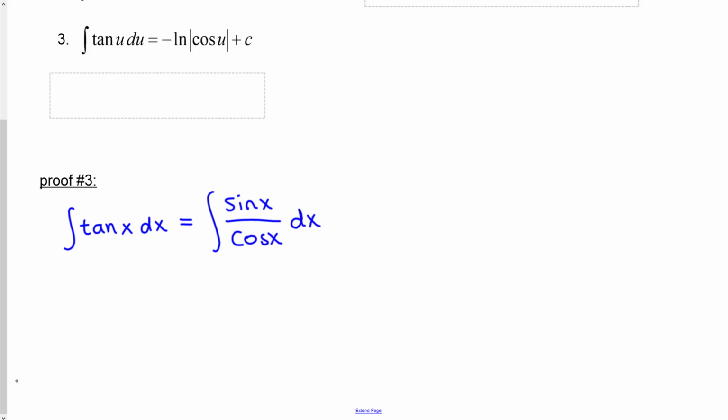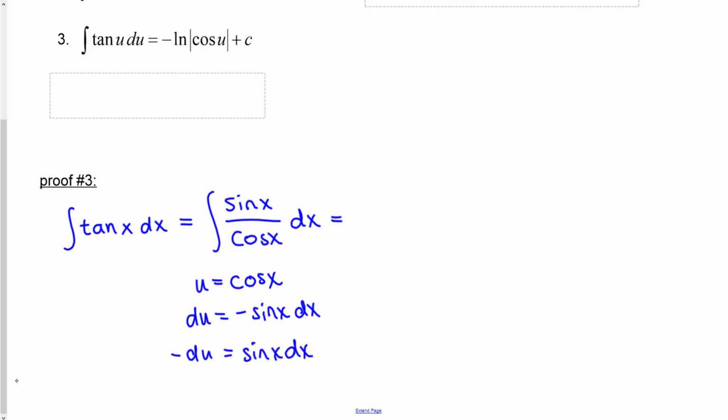And what's interesting about that is if I tried to do a substitution and let u be the denominator of that fraction, recall that the derivative of cosine is negative sine, which is pretty close to what you have in the numerator. It's only off by a negative, so negative du is sine x dx.